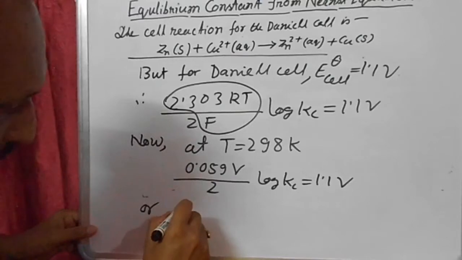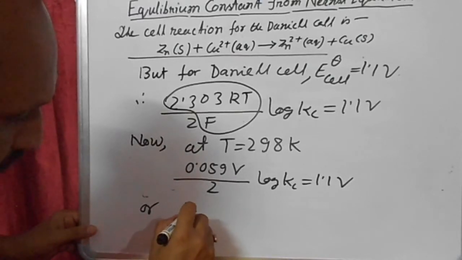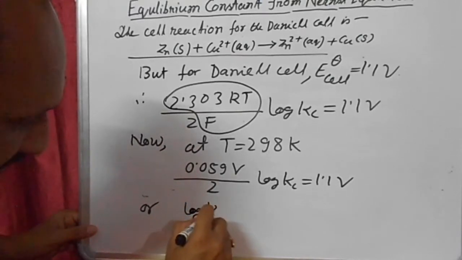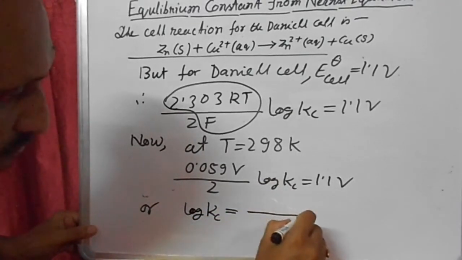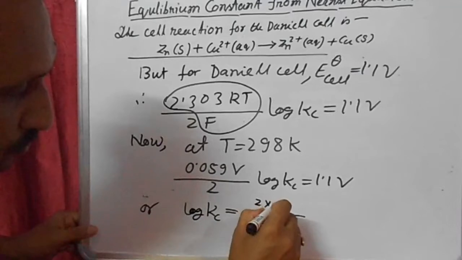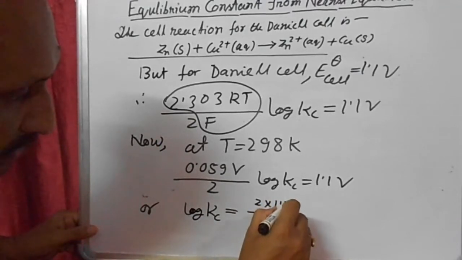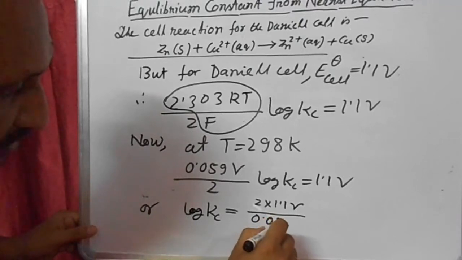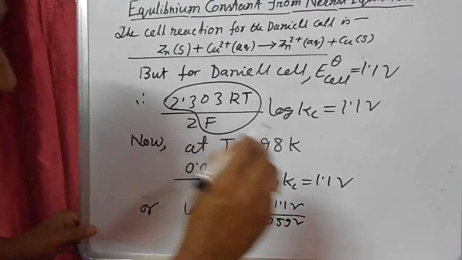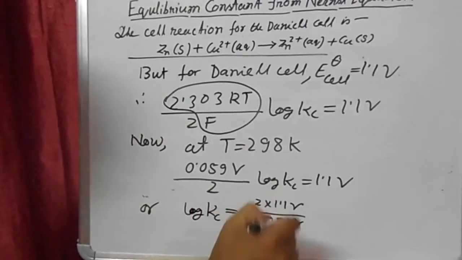Or log of Kc will be equal to 2 into 1.1 volt divided by 0.059 volt. The volt will be cancelled.